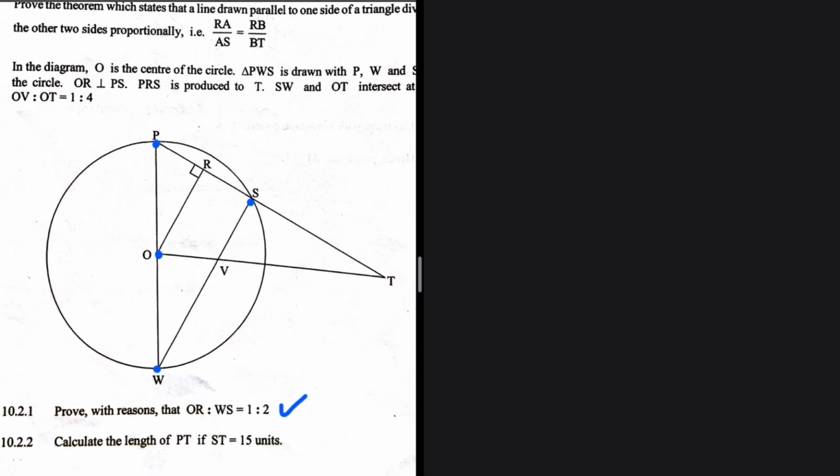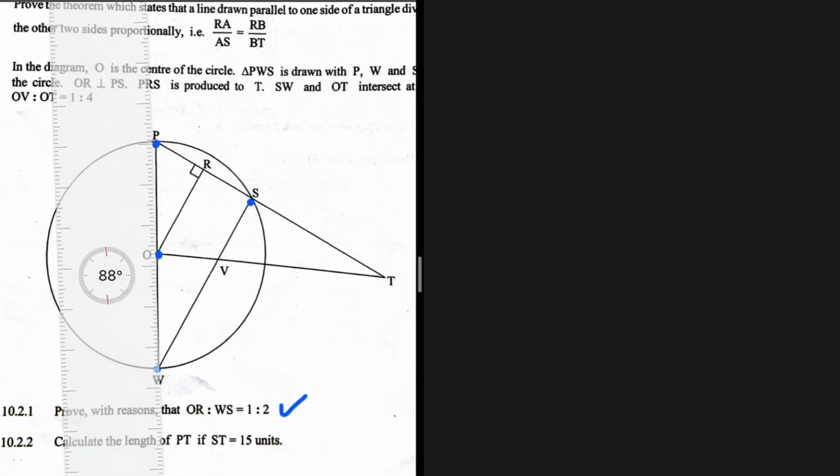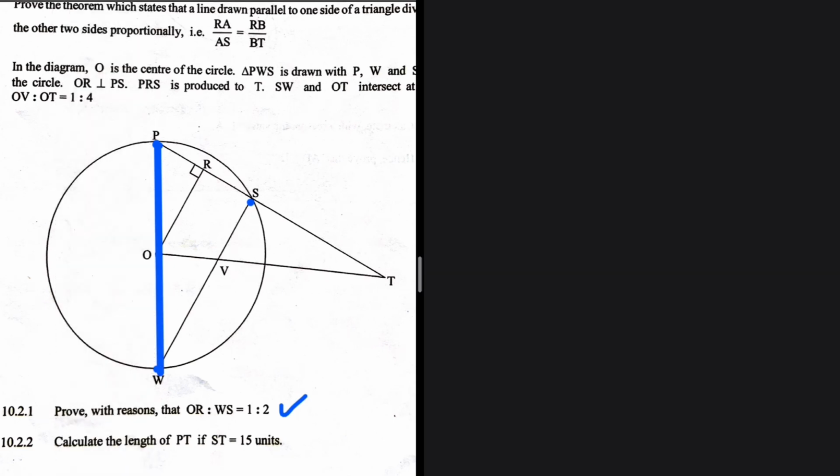So first of all, PWS is a triangle, right? So PW must be a straight line. Here we have PW. This must be a straight line since PWS is a triangle. If PW is a straight line, then PW should be a diameter.